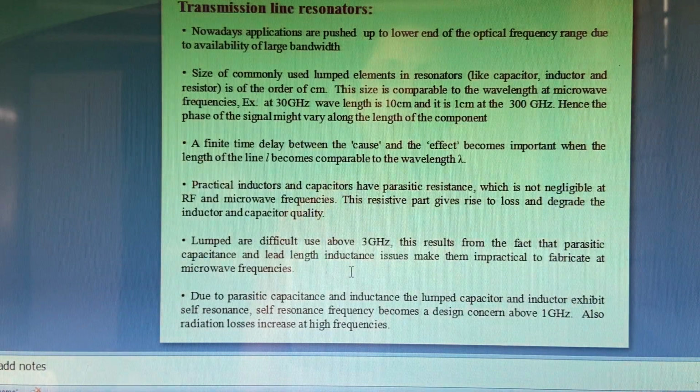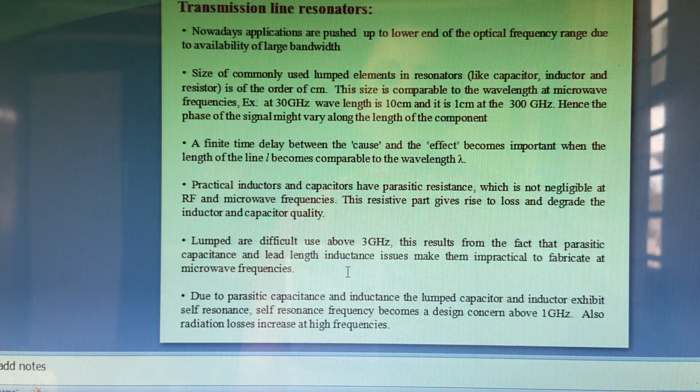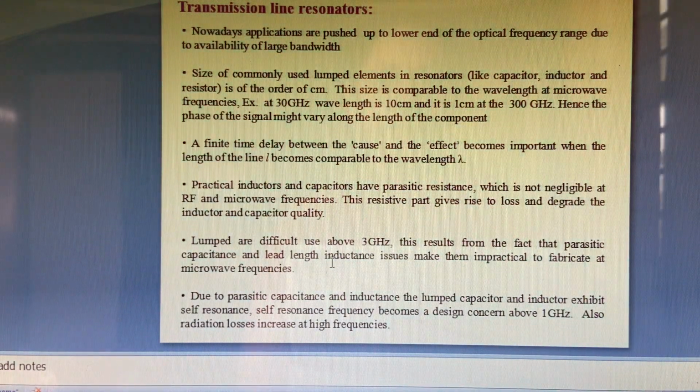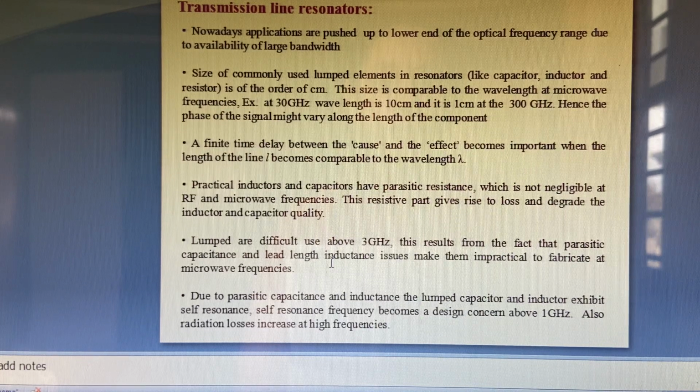The lead length of the lumped element components acts as an inductor, and that is called a parasitic inductor. Similarly, the capacitance between any two conductors is called a parasitic capacitor, which cannot be neglected at higher frequencies in the order of gigahertz.